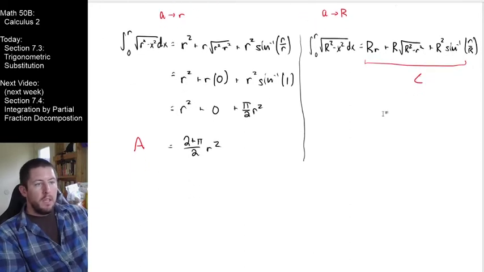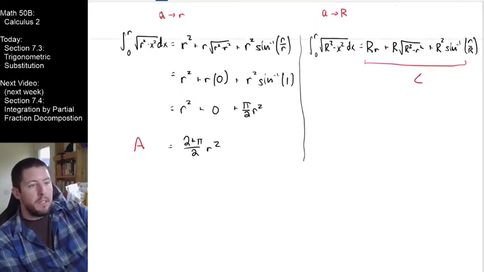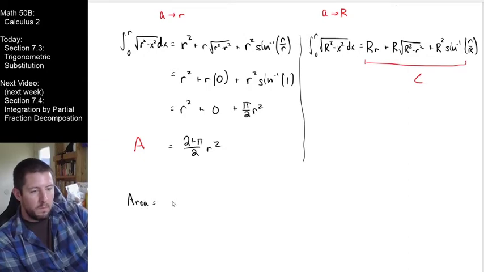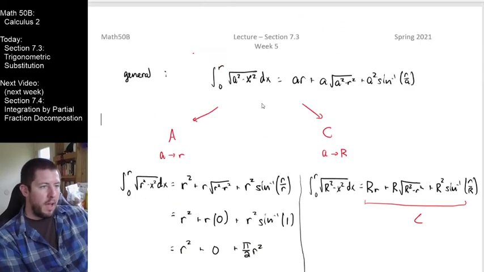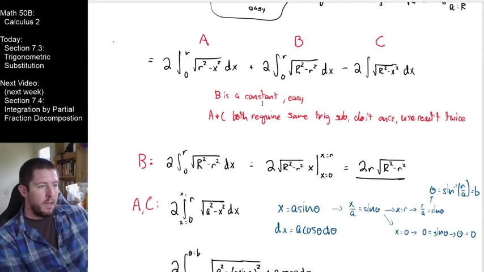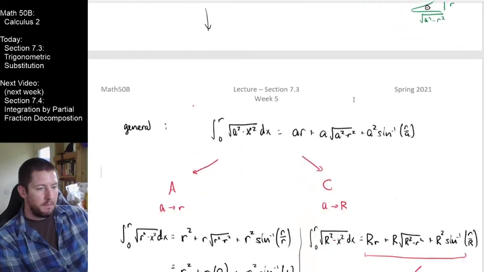So now I think I can state my final answer. Oh, and by the way, I think there's a negative in here, right? Didn't we have A plus B minus C right there? We were subtracting off that quantity here.